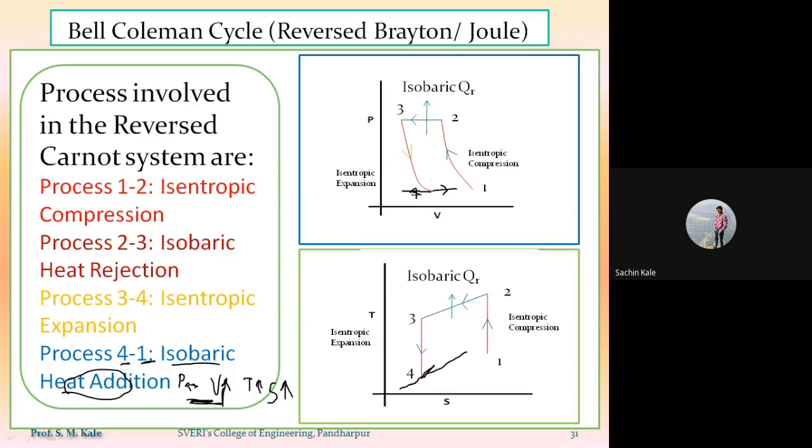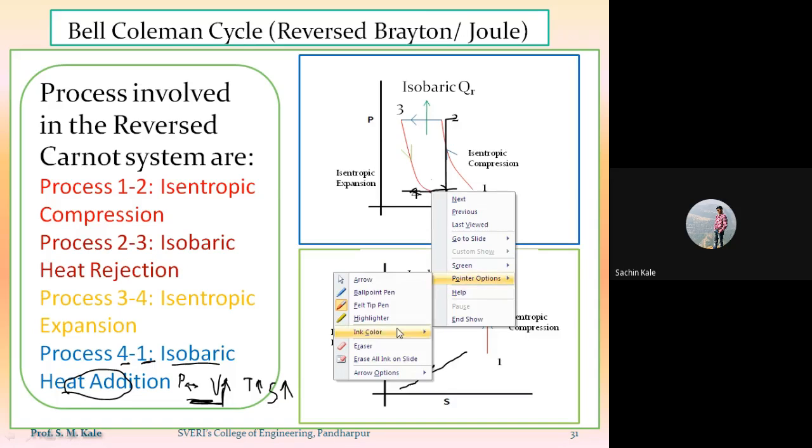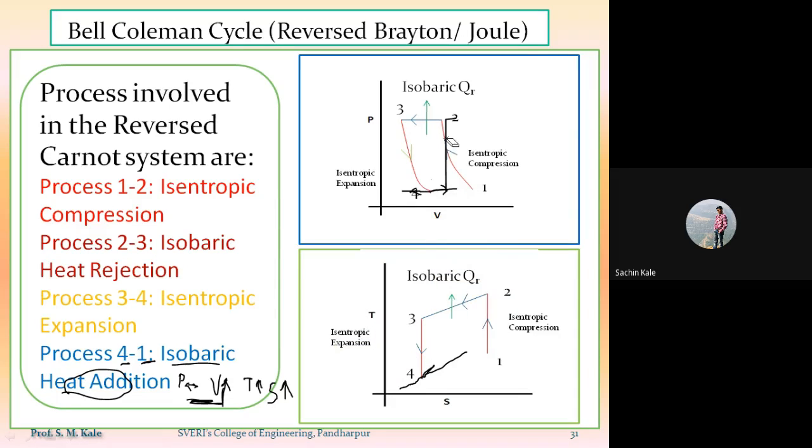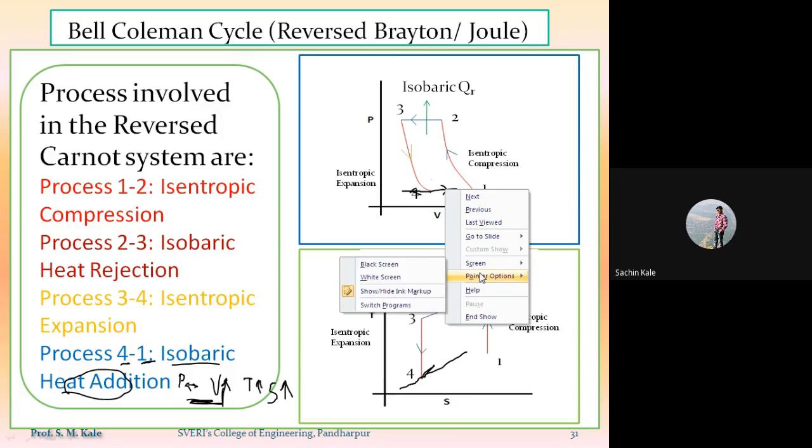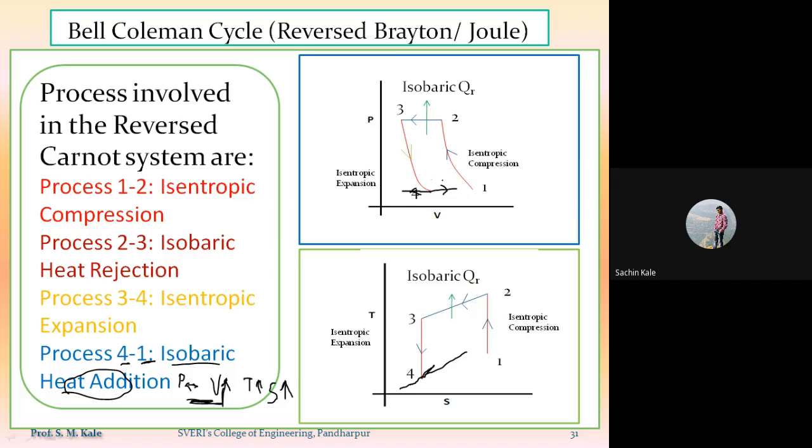Here, as we know, the value of volume is increasing towards this direction, so I will draw the line towards this direction, not towards this direction. So the constant pressure or isobaric heat addition process on the PV diagram will be pointing towards this direction.